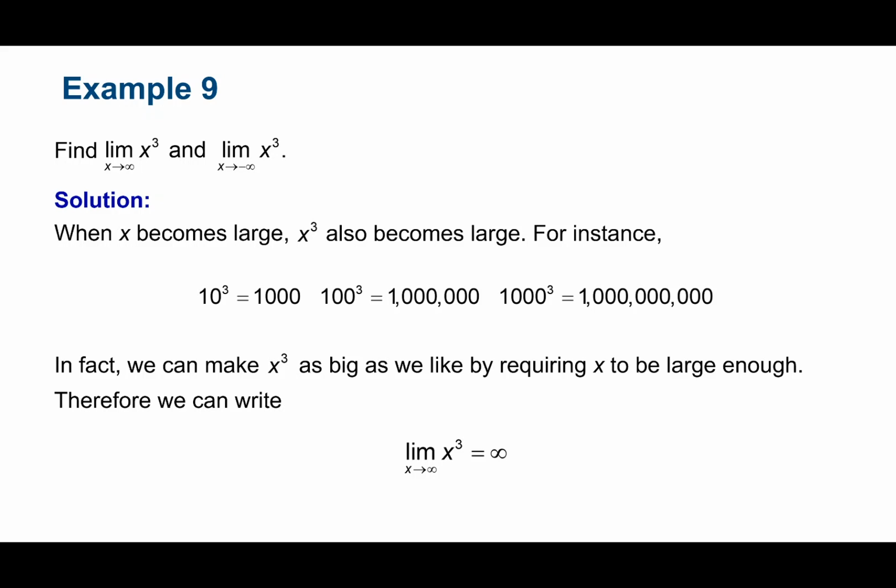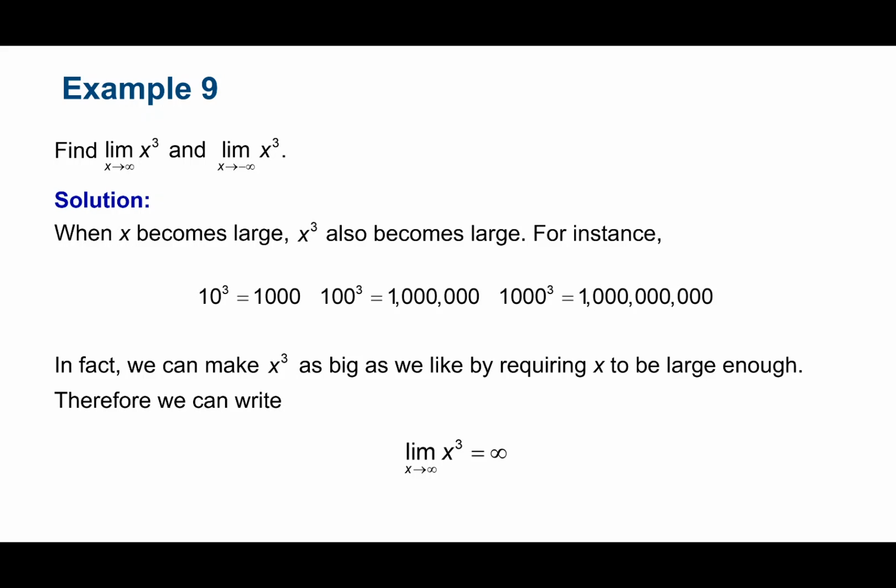If you think about what happens there, we're just cubing whatever our input value is. So the bigger our input value, 10 cubes to 1,000, 100 cubes to 1,000,000. The bigger our input value, the bigger our function value is. And it just keeps going that way. So there's no boundary on how big our function value can get.